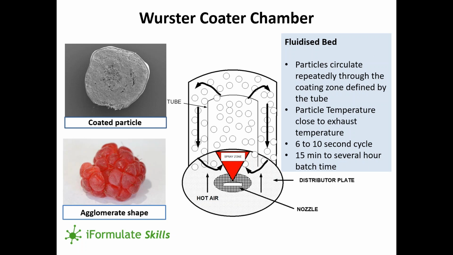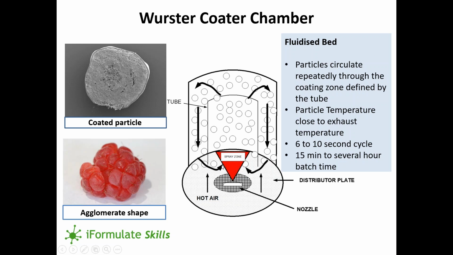The highest velocity is at the center, and that pushes particles very quickly up vertically inside a cylinder. And when they get to the top, they come out of the cylinder, and the air coming round the annulus is nowhere near as high in velocity, and the particles fall down and fluidize. But since they're still fluidized, they move back into the center.